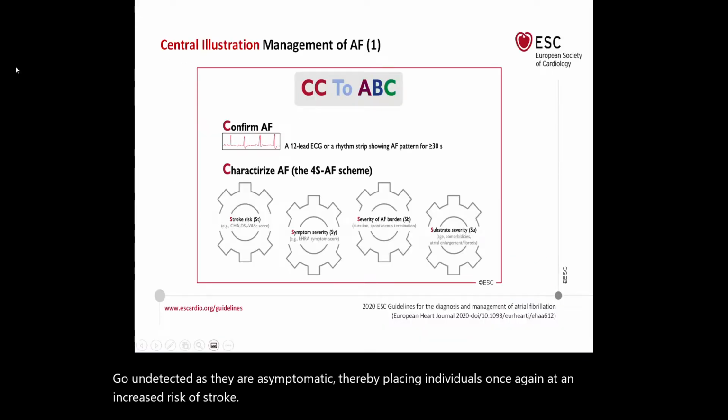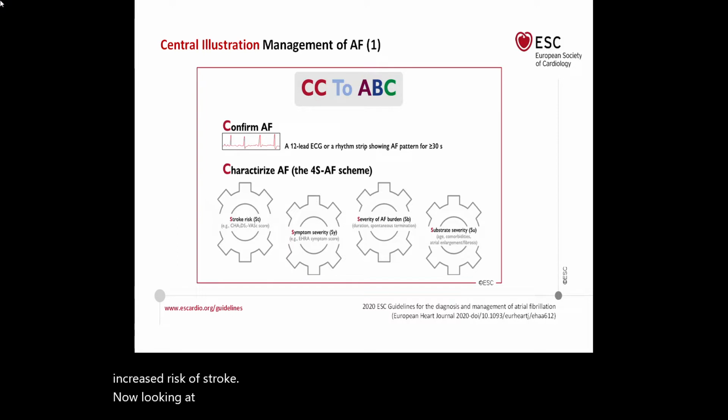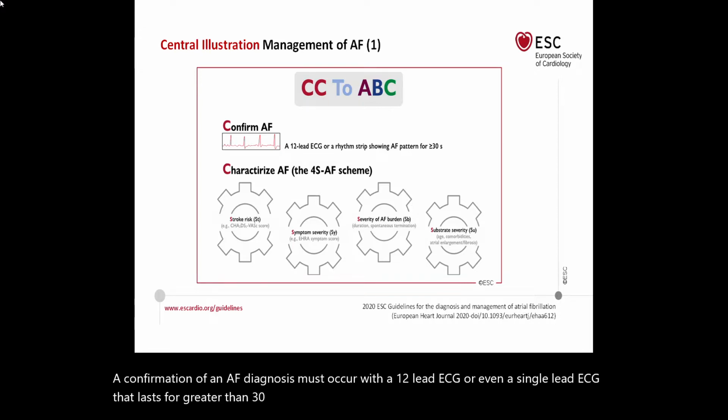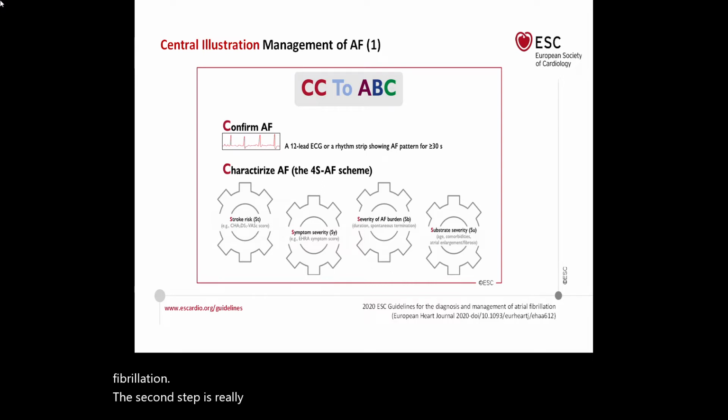Now, looking at how exactly we can manage AF. First and foremost, a confirmation of an AF diagnosis must occur with a 12-lead ECG or even a single lead ECG that lasts for greater than 30 seconds, showing a pattern of atrial fibrillation. The second step is really to characterize AF using this 4S scheme.